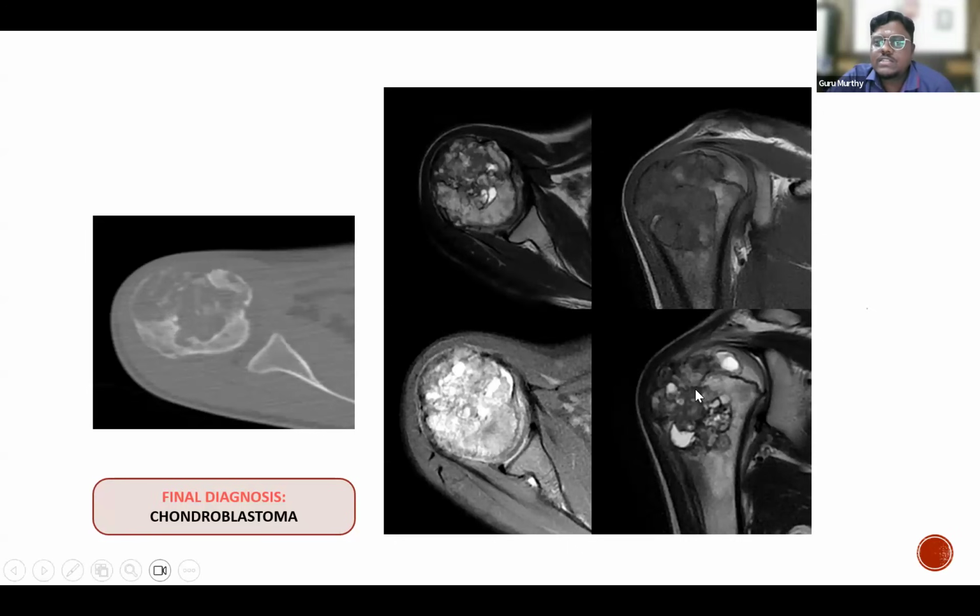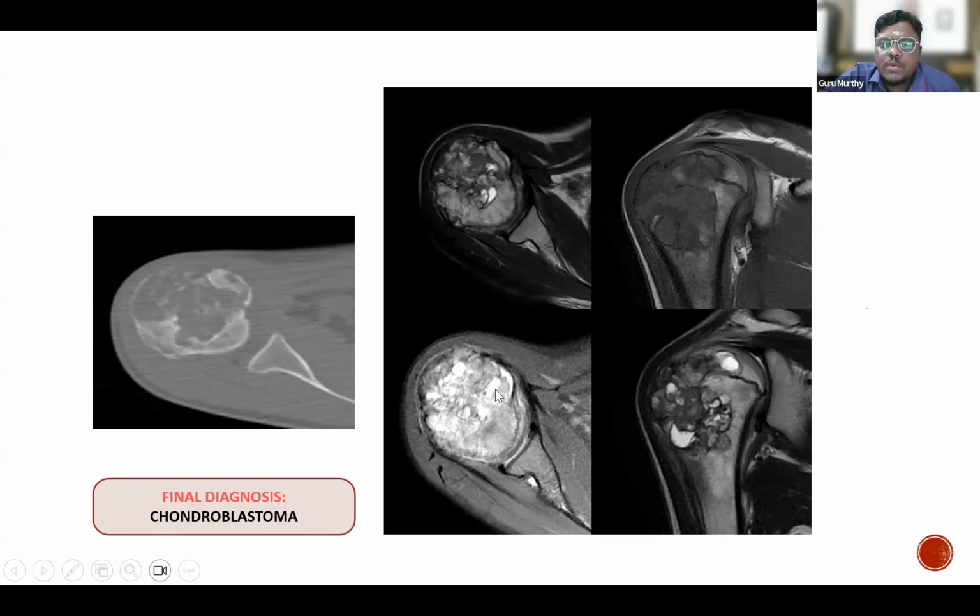MRI is mainly for local staging, soft tissue components, neurovascular bundle status, and extensions. You're not going to diagnose on MRI; it's mainly to comment about the extension, local staging, and the relations with other structures, and only in dicey situations where we are not sure whether this is neoplastic or non-neoplastic, which we'll discuss in the pitfalls.